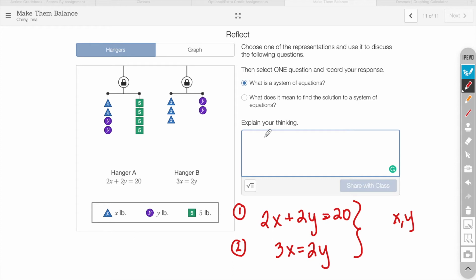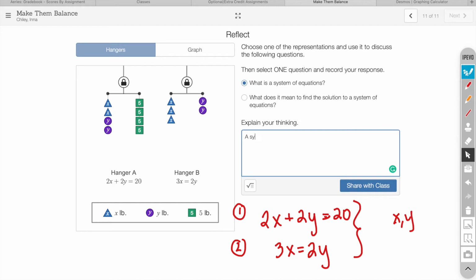So we can just go ahead and type that in here. Finding a solution to the system of equations means we balance the hangers at the same time. So I'm just going to type in what a system of equations is.